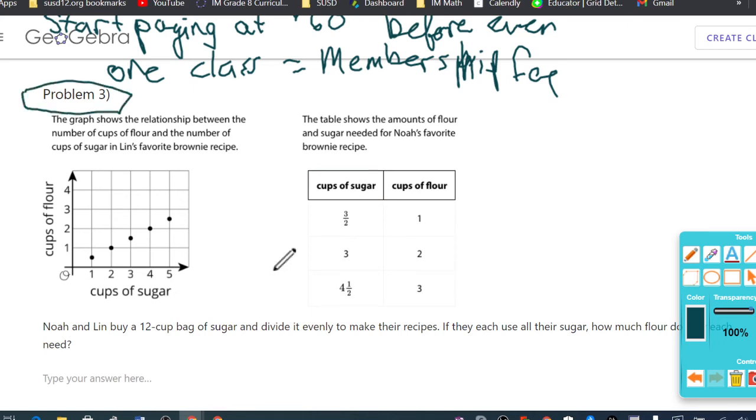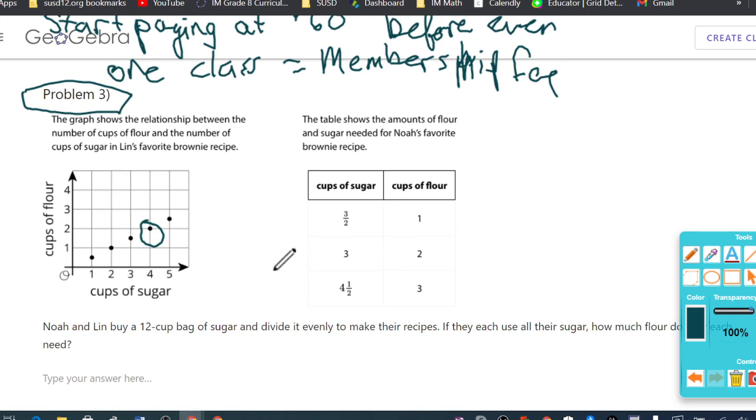Problem 3. The graph shows the relationship between the number of cups of flour and the number of cups of sugar in Lynn's favorite brownie recipe. You know what? I just can't stand not looking at the graph and finding the slope.